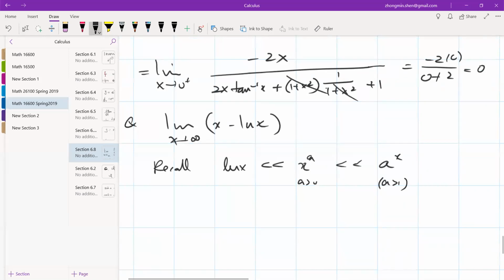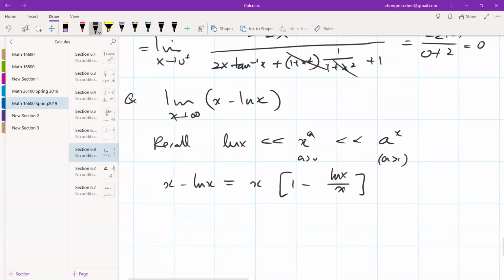All right, so I'm going to modify. I take x out. How about this? That's a product now. That's called algebraic skill. So it becomes a product, and you will see what the limit of this part is.